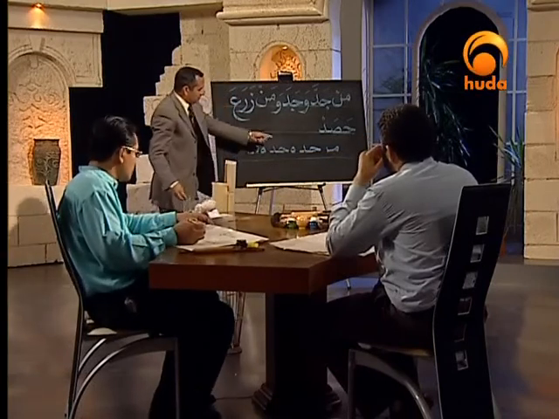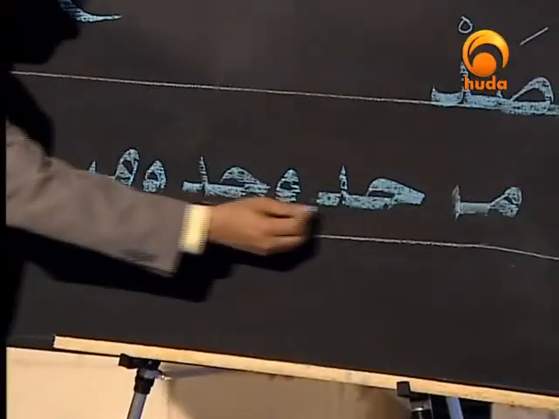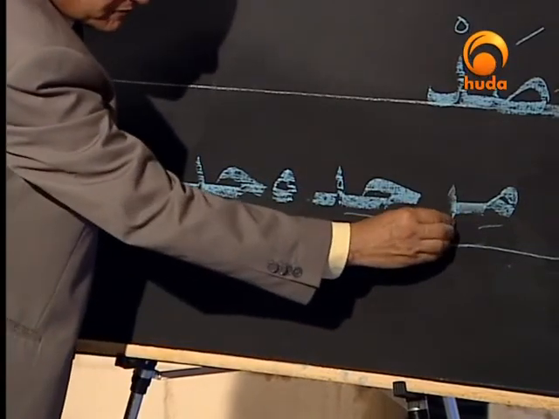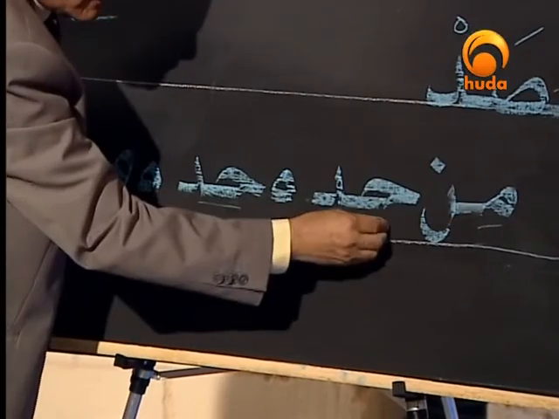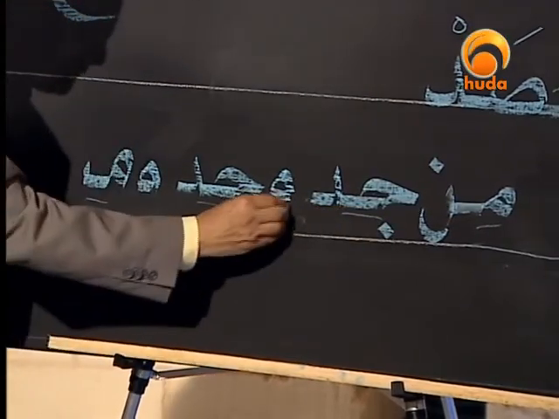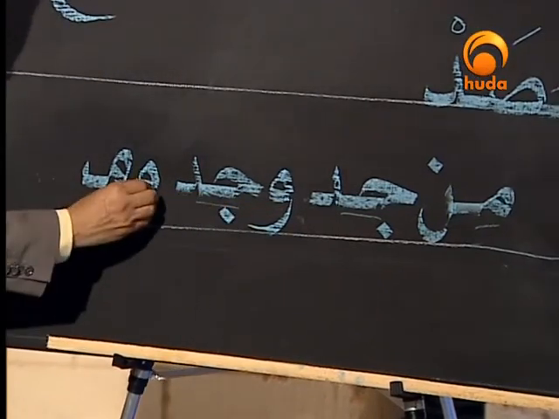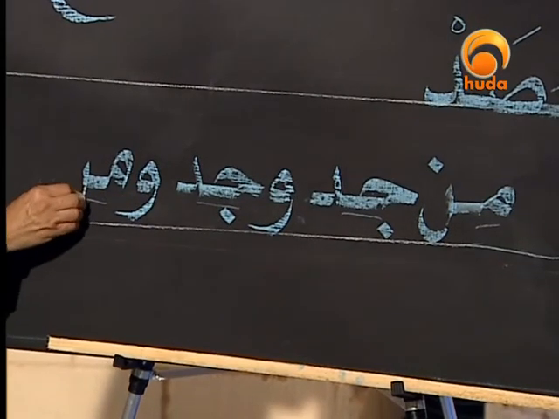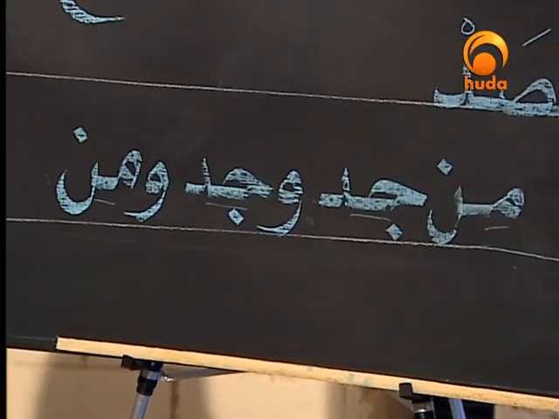So I found it straight lines here. Just only I can complete with a very simple curve, noon, and the dot, the waw letter, the dot, and the other part of waw, and the complete part of the noon will be like this.